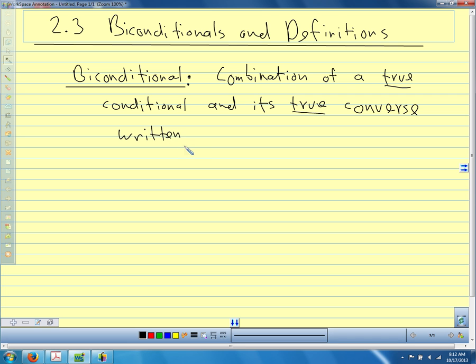by joining both parts with the phrase "if and only if."